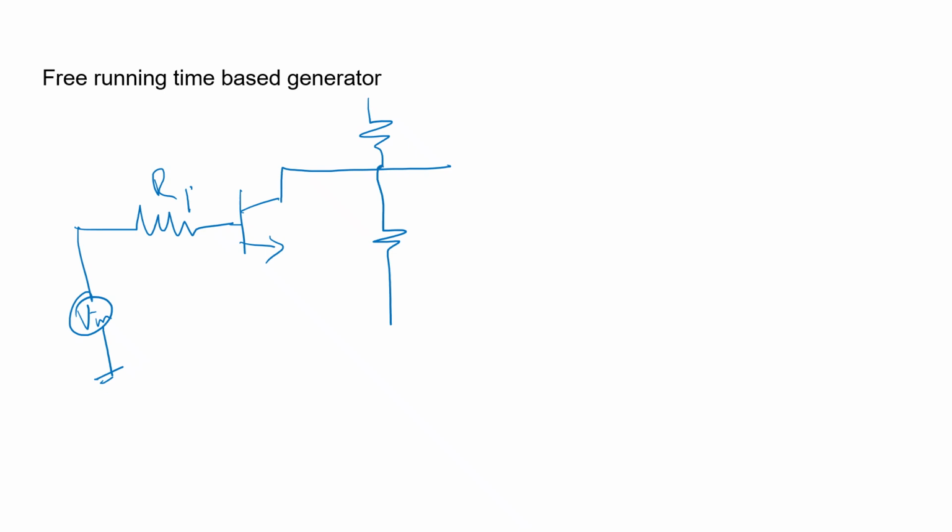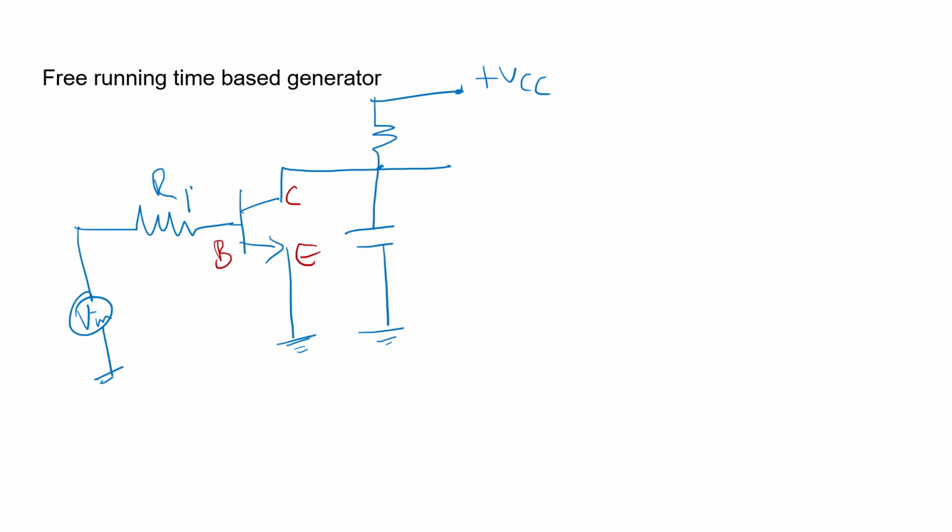A parallel branch of R and C is connected across the output. A constant plus VCC is supplied. The transistor has base, collector and emitter terminals.